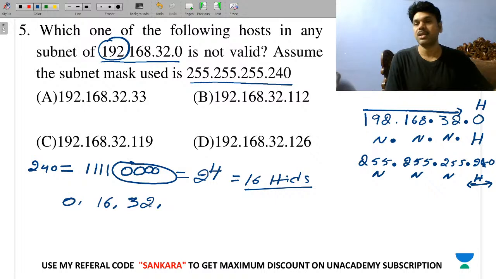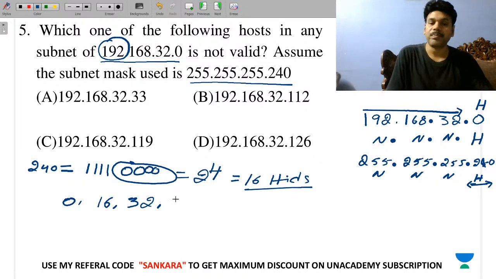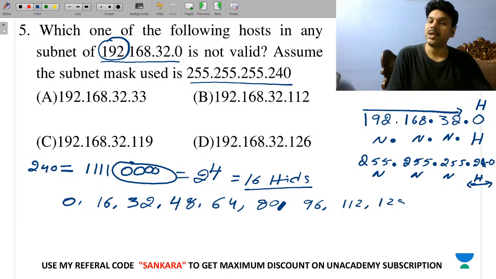Many shortcuts are there in IP addressing. But I am giving you, this is 16, 32, 48, 64, then 80, then 96, then 112, then 128. Stop it, because these are only the maximum numbers mentioned.